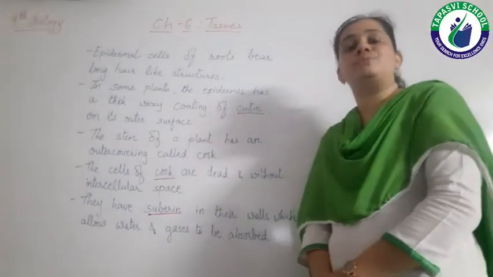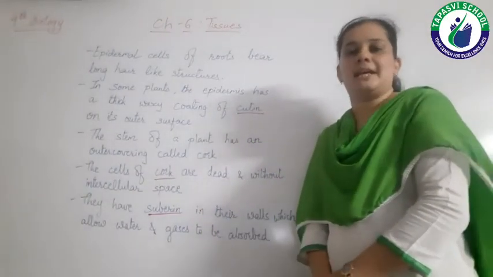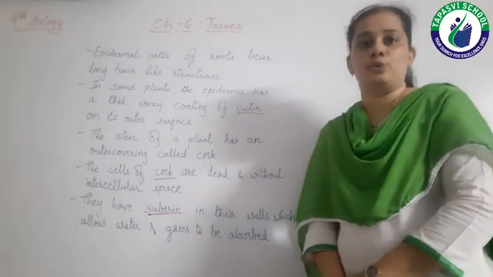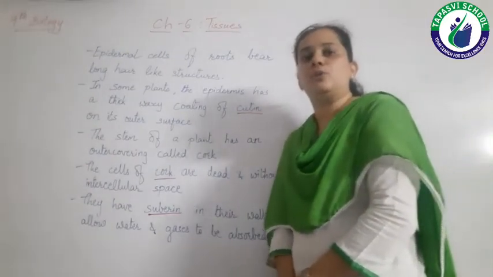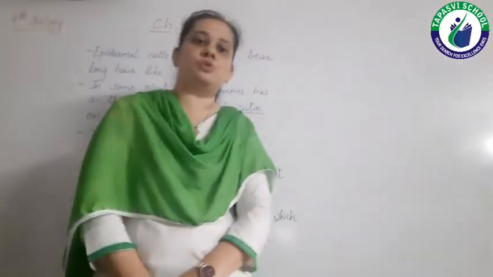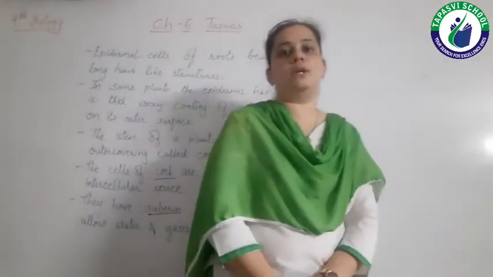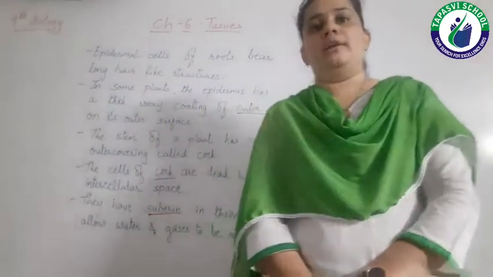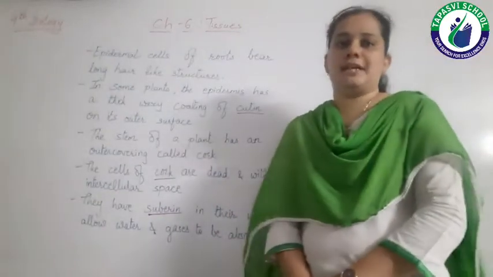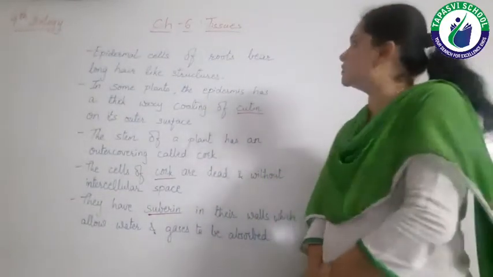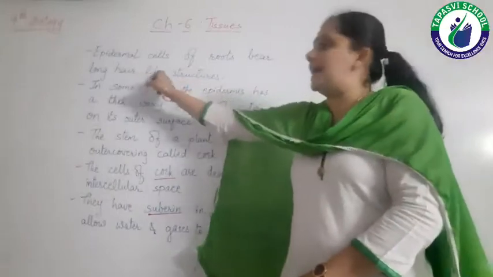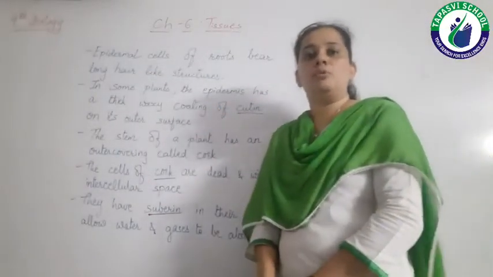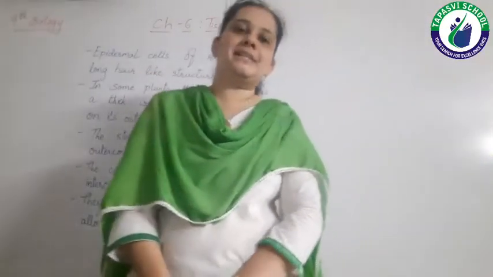Now let's move to the epidermal cells which are present on the roots. We know that the function of roots is to absorb water and minerals from the soil, right? So the epidermal cells present in the roots bear long hair-like structures. What is the function of these long hair-like structures?